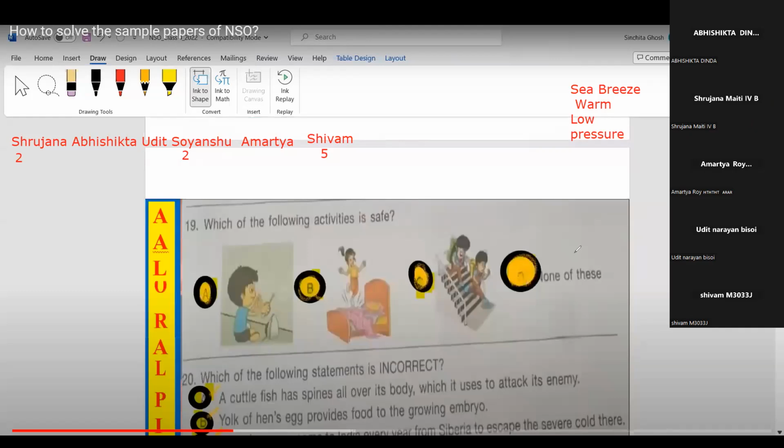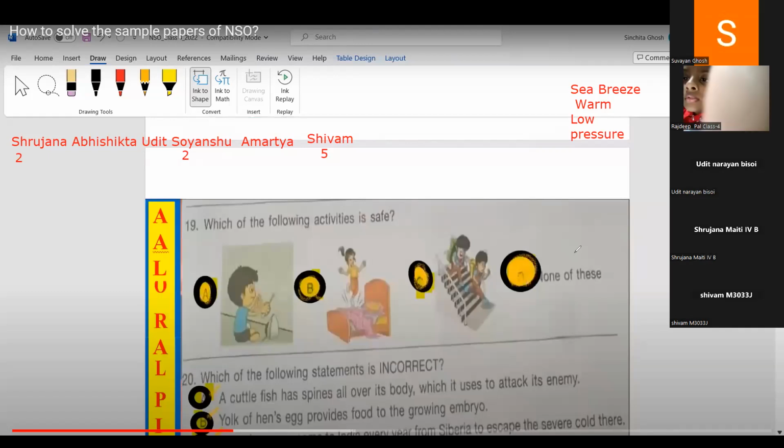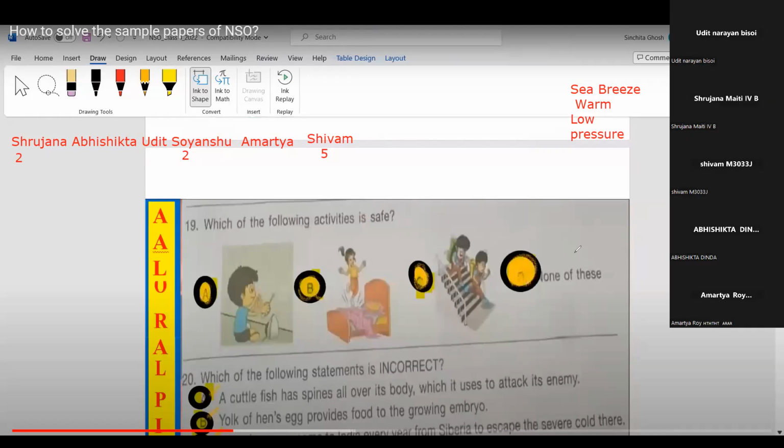Low pressure and high pressure. Ma'am, I have understood. Okay, Udit, is it clear to you? Udit, have you not understood? Shivam, tell me. I have understood, ma'am. Okay, great. Udit, have you understood?